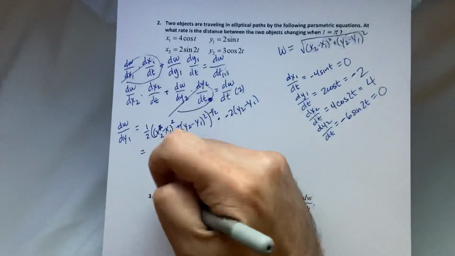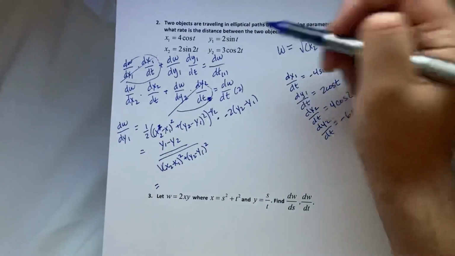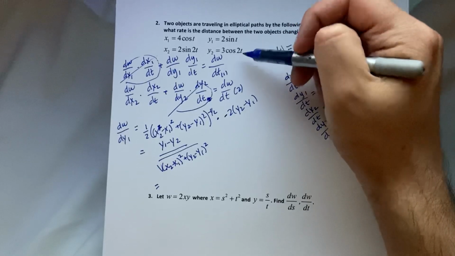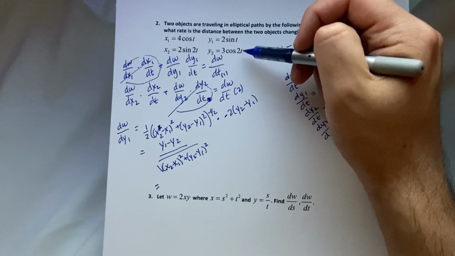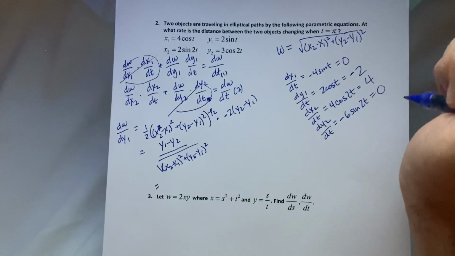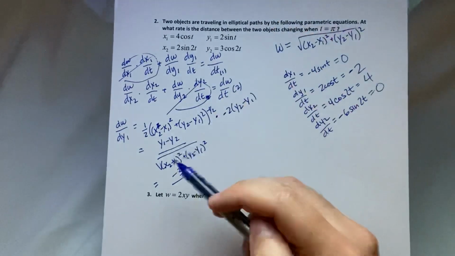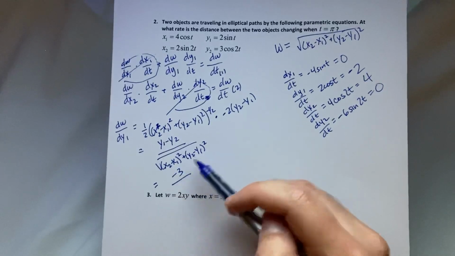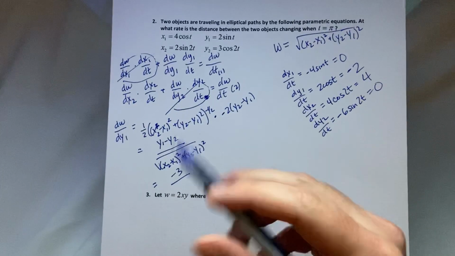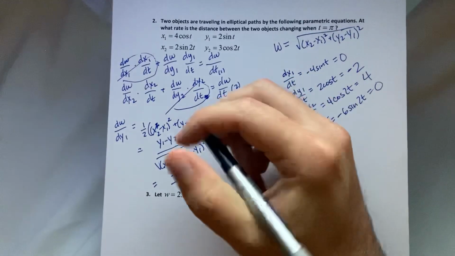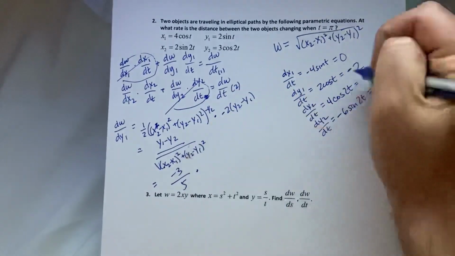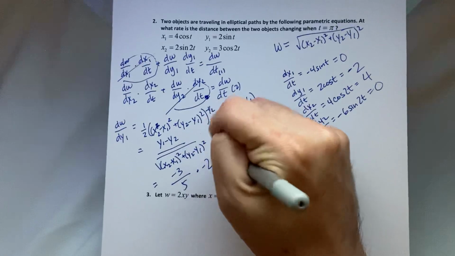Looking at our equation, y1 at pi is 0, y2 at pi is 3, so it looks like negative 3. And this distance formula is conveniently 5 if you plug it in here. So this is negative 3/5 times the negative 2, which is 6/5.